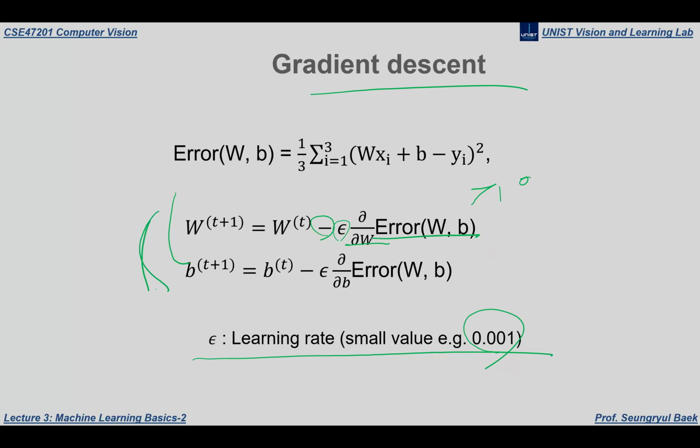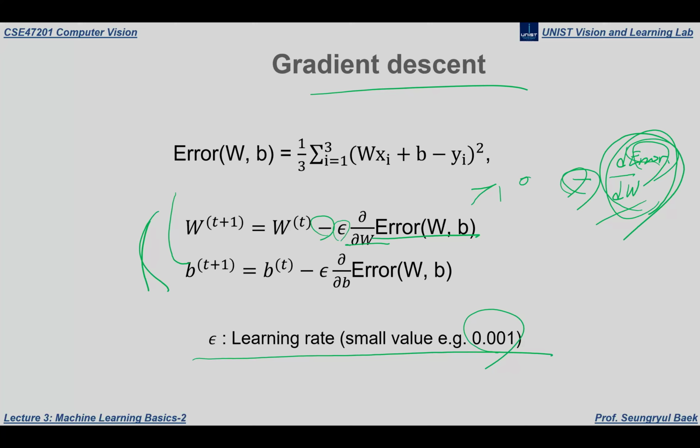This also means how your errors will vary when you change your parameter W. Inversely, if you multiply by a minus sign, you can think of this as how your parameter W has to be changed to minimize your error.